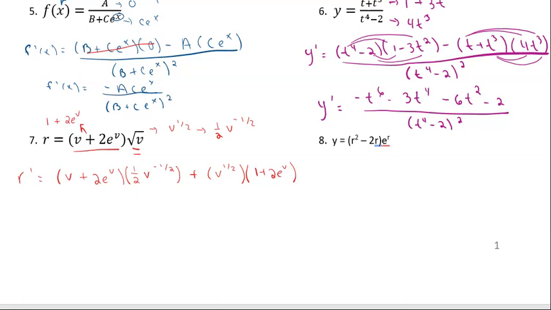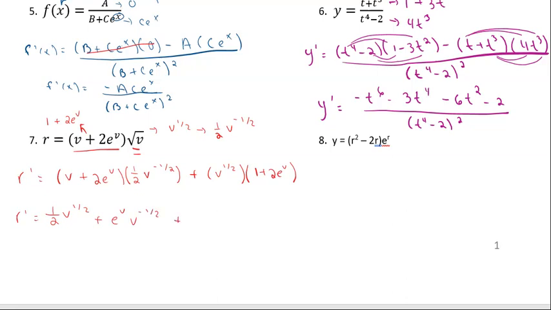If you FOIL this through and simplify it down, which you can do, it will look like v times 1/2 v to the negative 1/2 will work out to be 1/2 v to the 1/2. And then 2e to the v times 1/2 v to the negative 1/2 will look like e to the v times v to the negative 1/2.